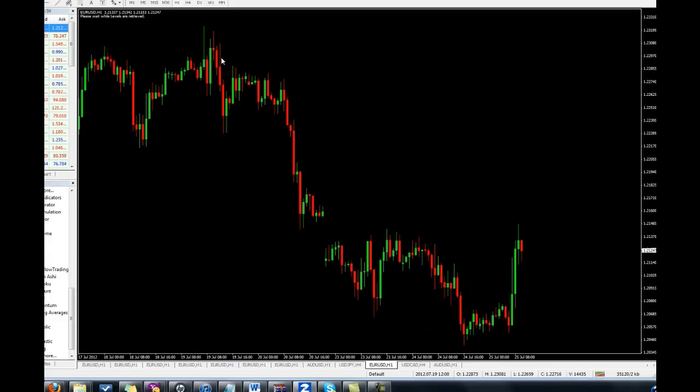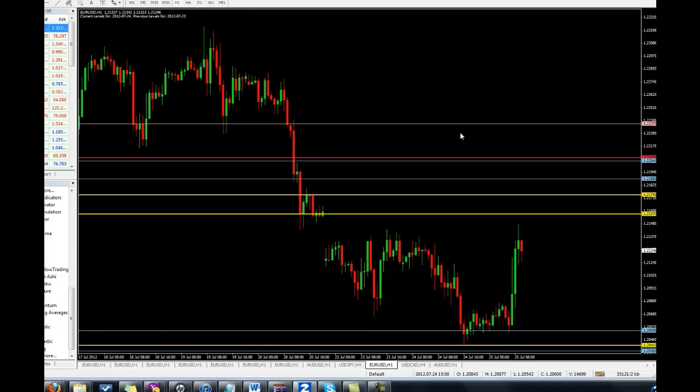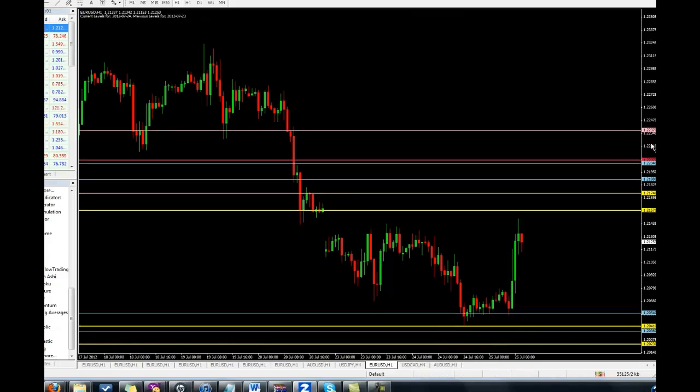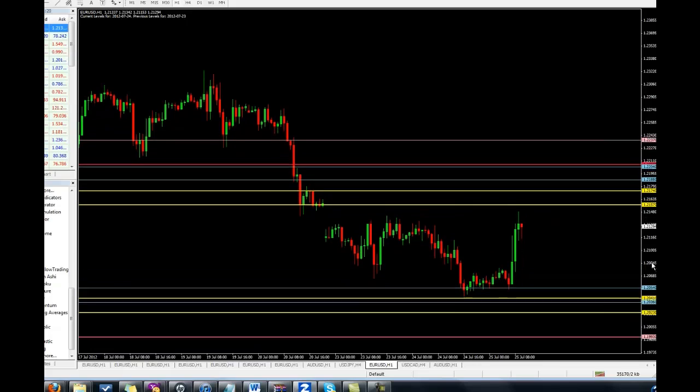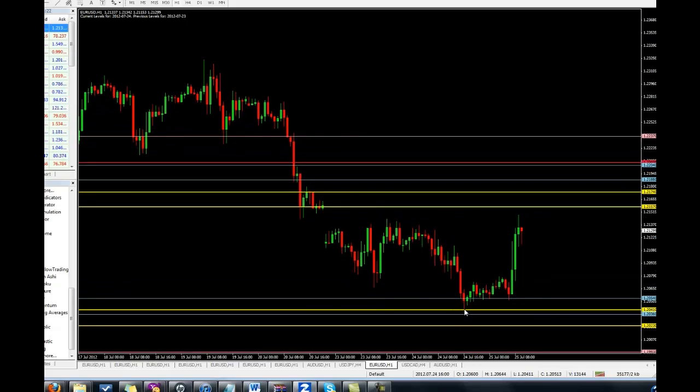The euro dollar here. Wait while the levels adjust. I could tab every pair and already have the levels, but the good thing with the indicator is you can just transfer the currency pair over, and it'll adjust the levels. So here is euro dollar, 120.41.